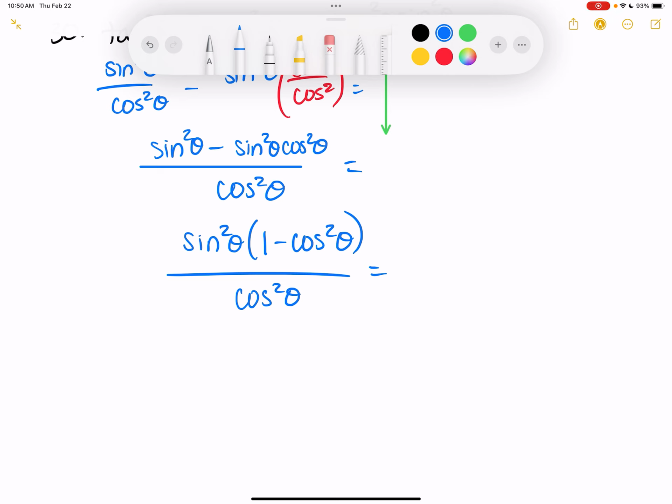Now what? Change the 1 minus cosine squared theta to sine squared theta. So we'd have sine squared theta times sine squared theta over cosine squared theta. Now what?